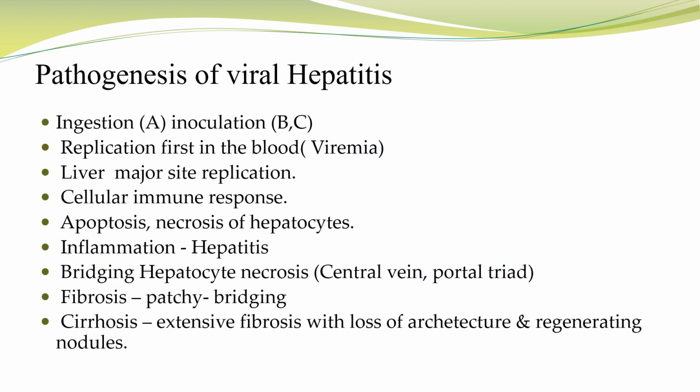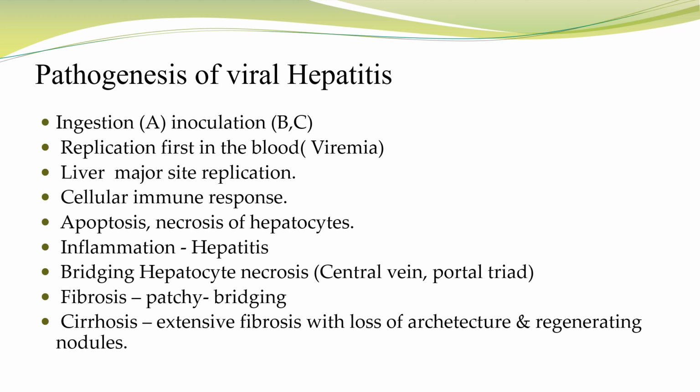This is the progression of viral hepatitis from acute to chronic hepatitis. After the virus enters the body, we have viremia, and the virus goes to the liver, the major site of replication. Then we have a cellular immune response against the virus.